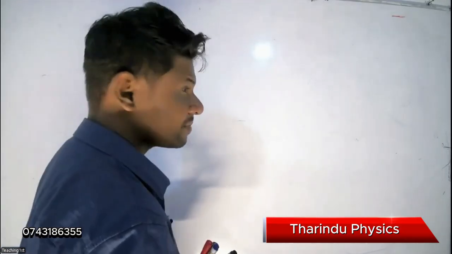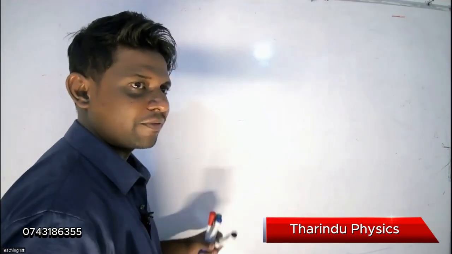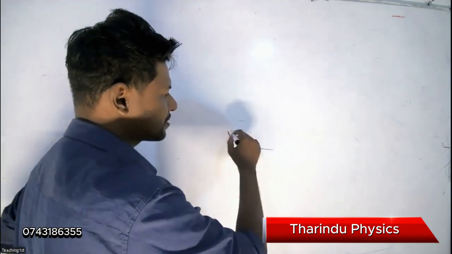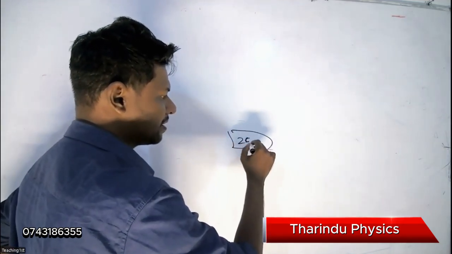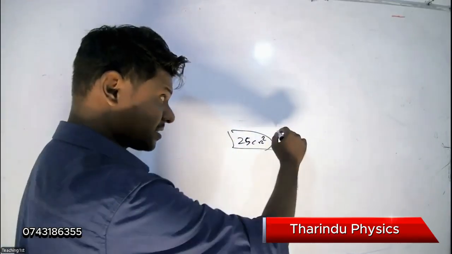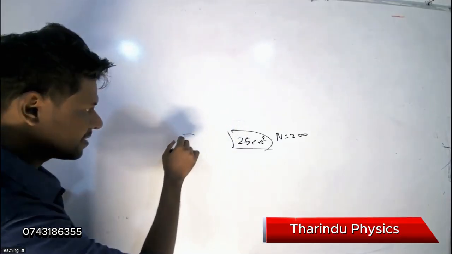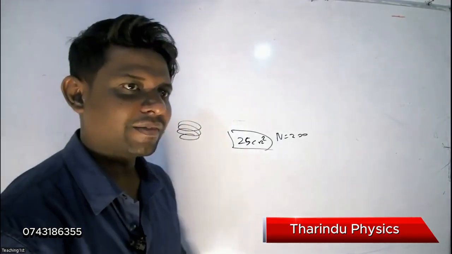A magnetic field is applied perpendicular to the plane of a coil of 25 square centimeter and 200 turns. N equals 200. It is like a spiral, right?